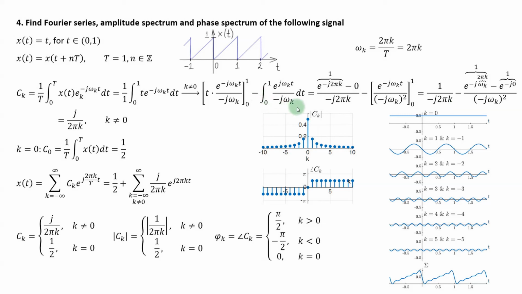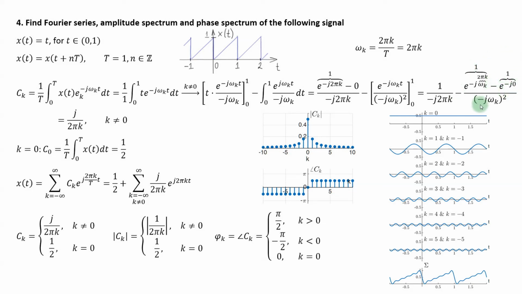Now, this integral I can easily evaluate into this, and when I substitute these limits, I will get this. And here, when I substitute 2 pi k for the omega sub k, I will again get a complex number with phase that is the integer multiple of 2 pi. Therefore, this complex number will be equal to 1. This is also equal to 1.